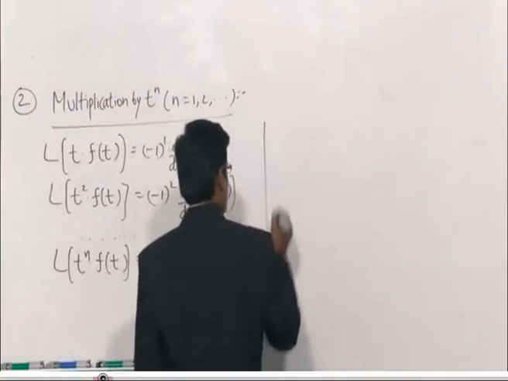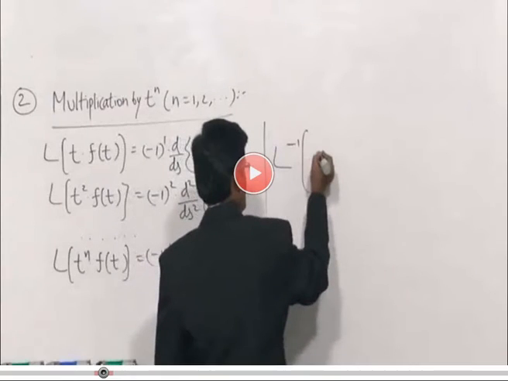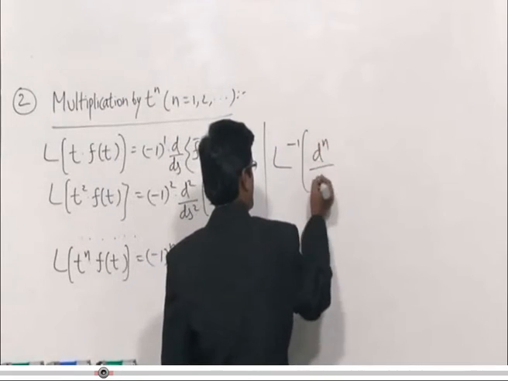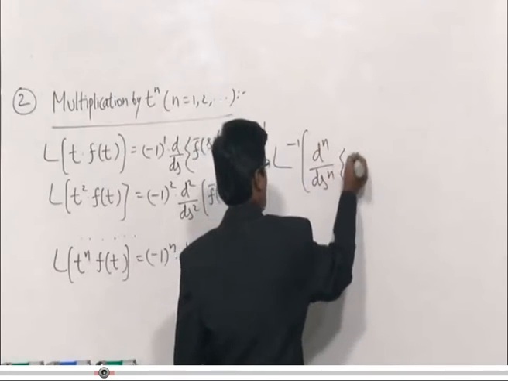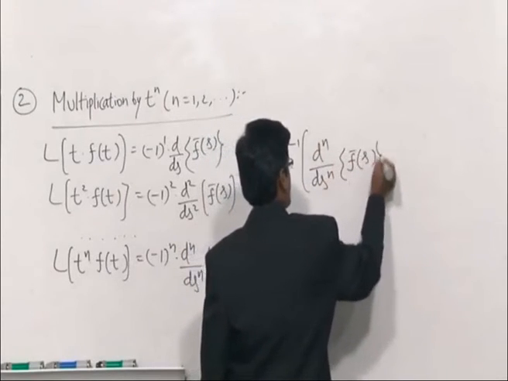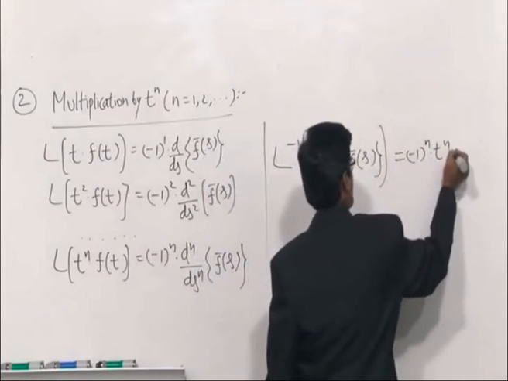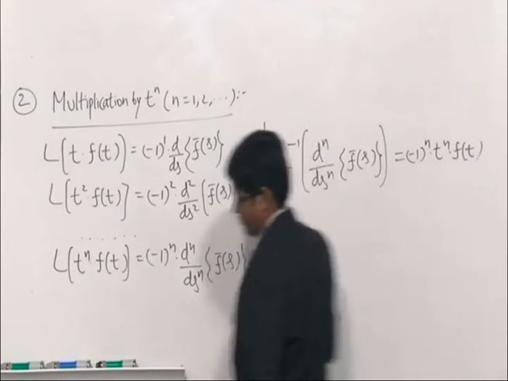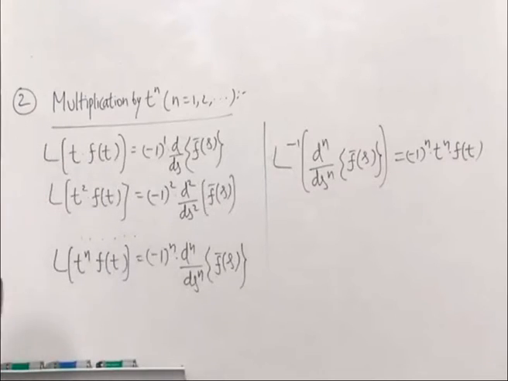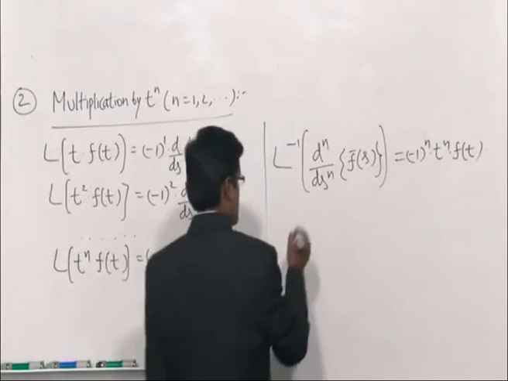What I am giving here directly, standard result: d power n by ds power n of f bar of s is equal to minus 1 whole power n t power n f of t, n is equal to 1, 2, 3.